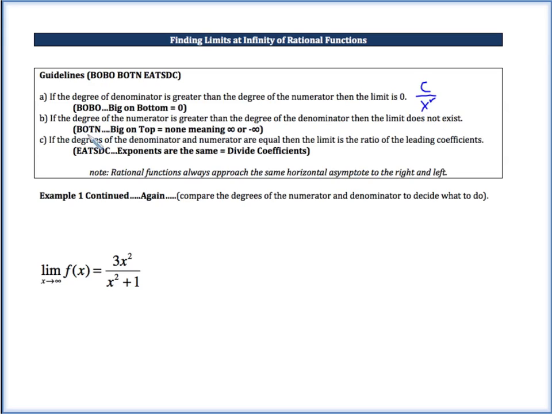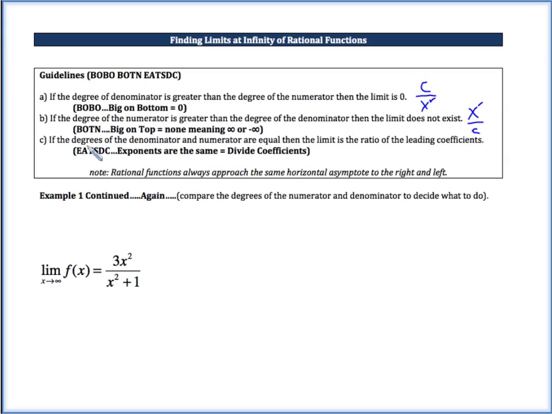So this is big on top, n. So big on top equals none, meaning that the limit goes to infinity or negative infinity. So if we were to switch this around and had something larger on top and our constant on the bottom, this would go to infinity or negative infinity without bound.